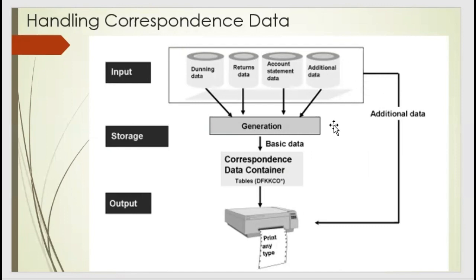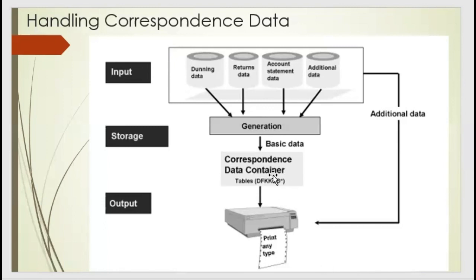And once it gets generated, it will come to the storage in a PDF format or through the workbench, what is called the print workbench. And then once it is stored, we'll go for the printing. Printing can be with a local printer, or you can put them into a log, so it will print during the night or when there is less load on the server.